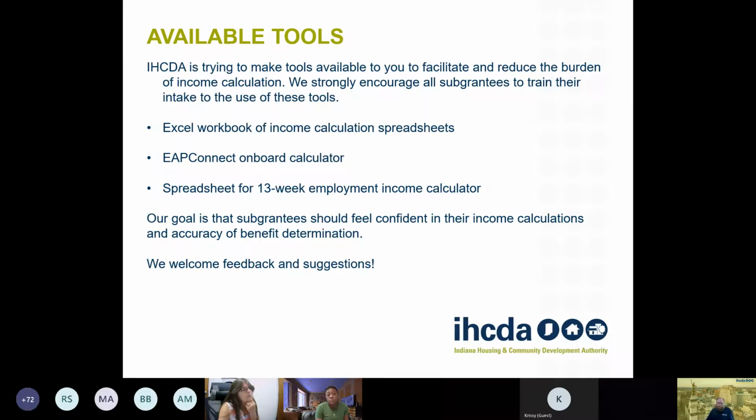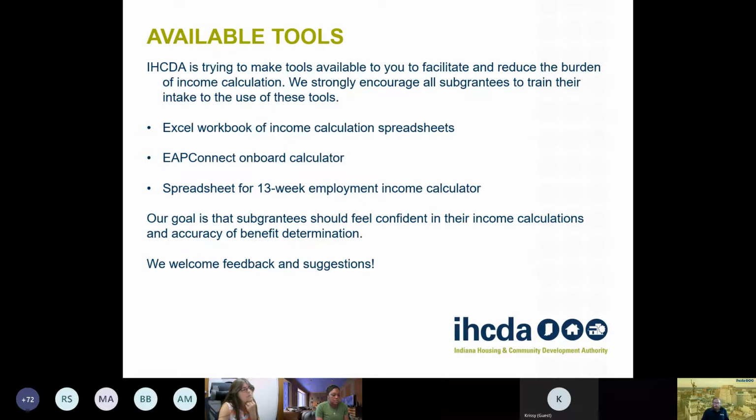So we do provide, and actually Elaine at Area 5 in particular is very instrumental in this. And I know that she had help from other people in the network, I believe, in developing these tools. But Elaine has, over the past several years, helped to provide a workbook of income calculation spreadsheets.